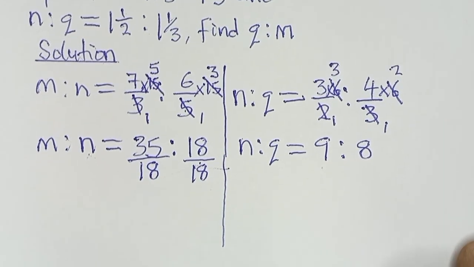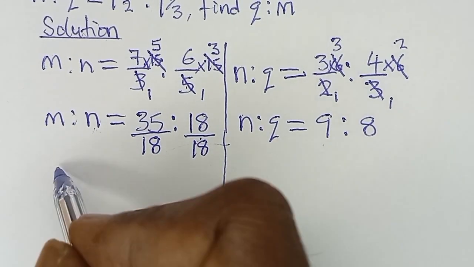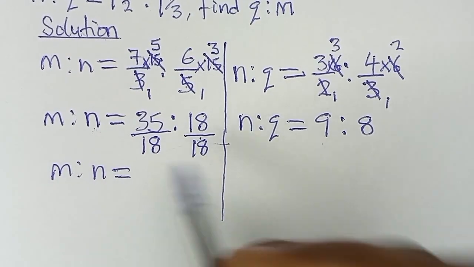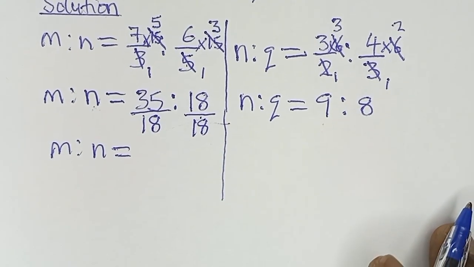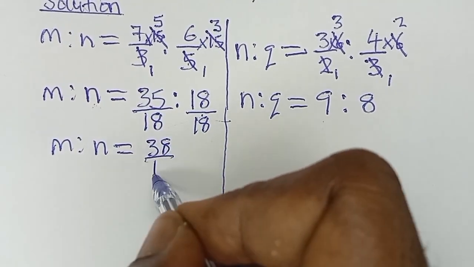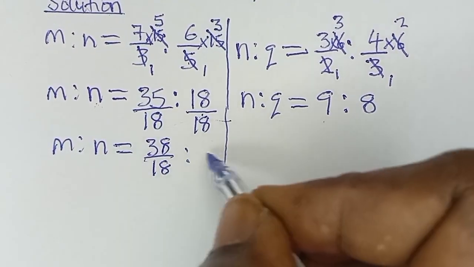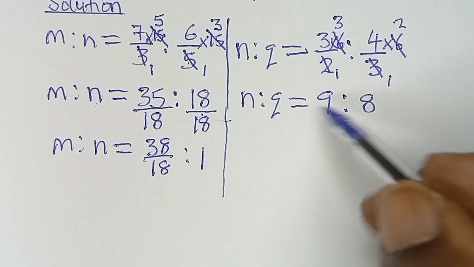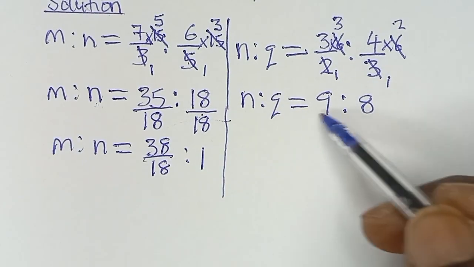So I now have the ratio m is to n as 35 over 18 is to 1, because 18 divided by 18 is 1. Similarly, this n corresponds to 9.